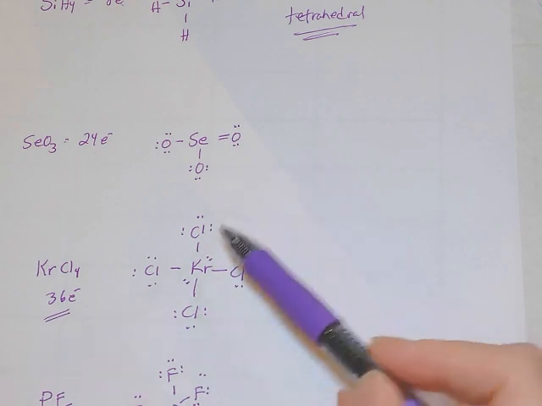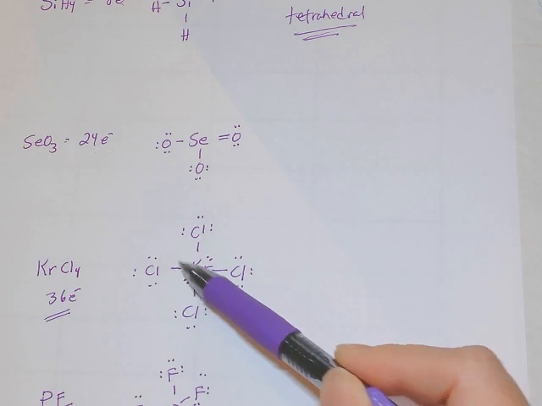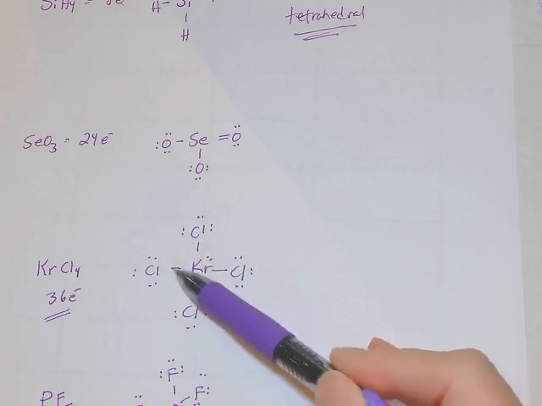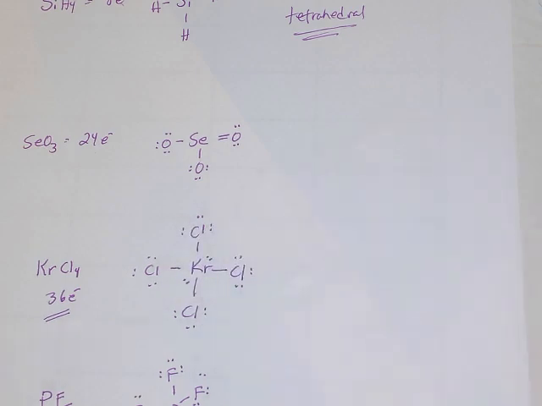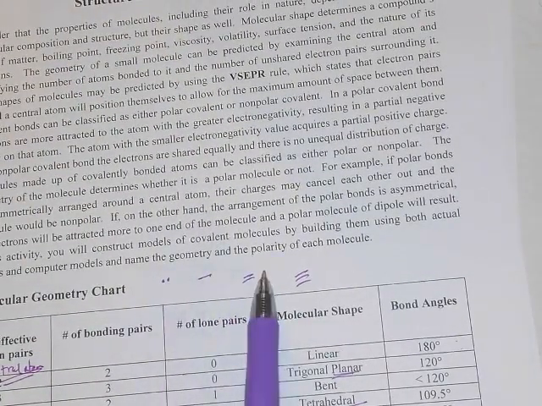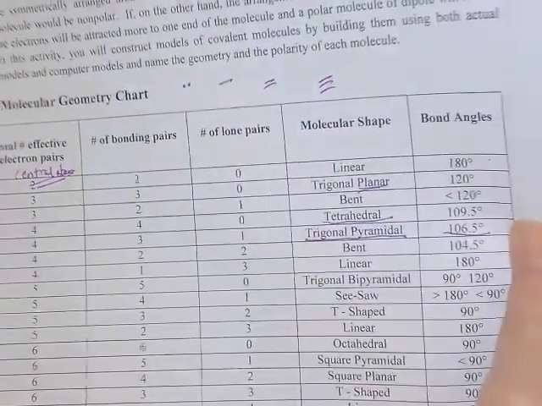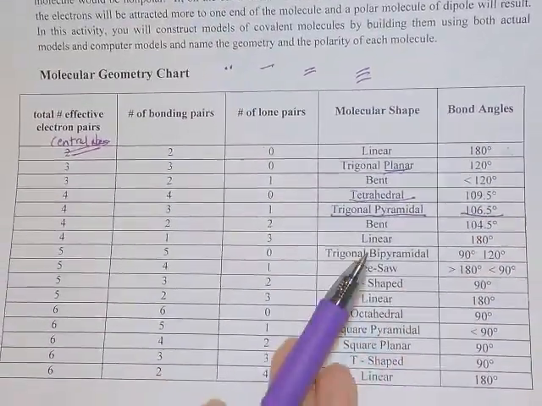So first let's count up. 1, 2, 3, 4, 5, 6 effective pairs. Remember, effective pairs are single bonds or lone pairs or double bonds. So we have 6 bonding sites. So let's go to our sheet, and 6 is down at the bottom.